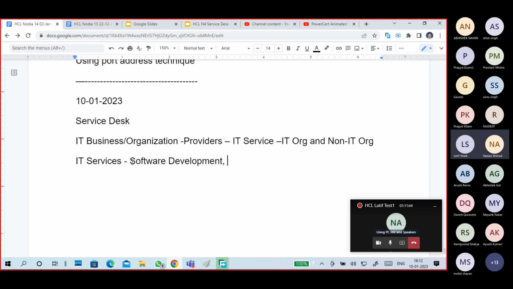Software developers, right? Okay. Software support. People will do supporting to software development after development and deploy. They develop a software, they deploy a software and support after deployment.